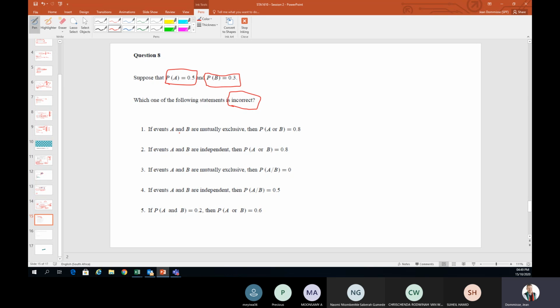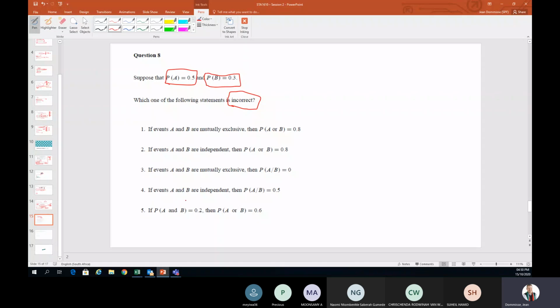If events A and B are mutually exclusive, then probability of A or B is equal to 0.8. If events A and B are independent, then probability of A or B is equal to 0.8. If events A and B are mutually exclusive, then probability of A given B is 0.